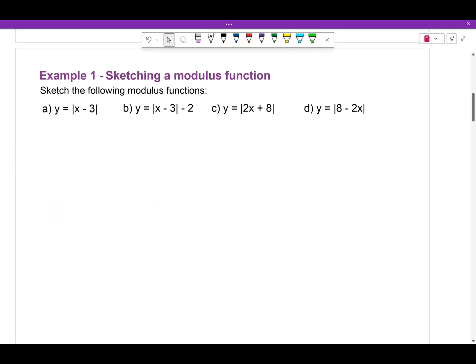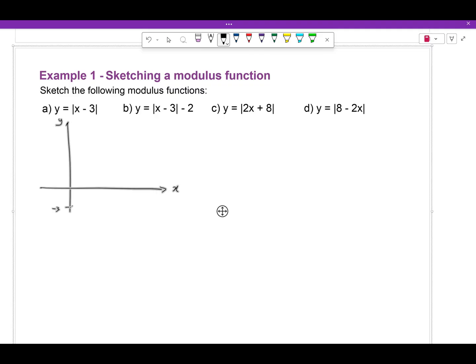So let's have a look. Sketch the following. When I first learned this, I always drew the original one. So y equals absolute x minus 3. I draw the x minus 3 first, which is what I did when I first learned, so here is negative 3. Where it is negative, I put a dash line, and everything here is solid. Of course, here is going to be straight.